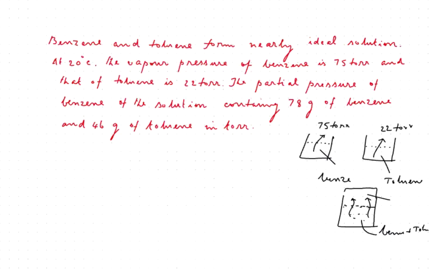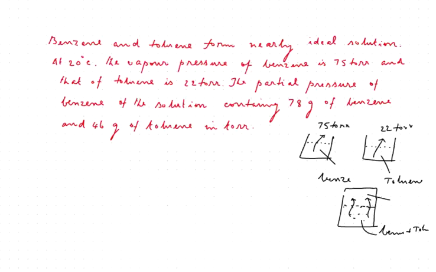What will be the vapor pressure of benzene and toluene now? This is the question asked. When they are mixed together, the vapor pressure of each component will depend upon the mole fraction of that component in the solution.